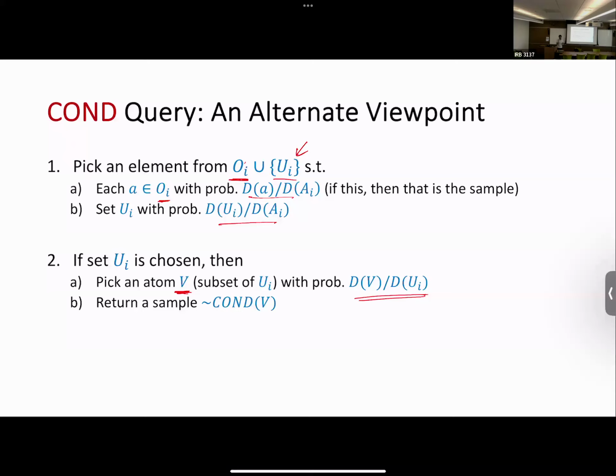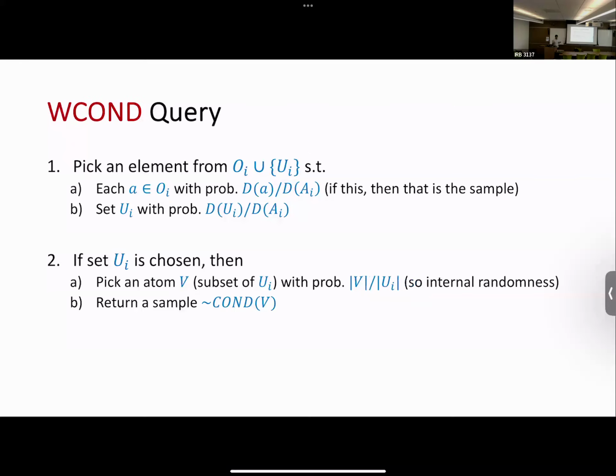This is dependent on the input distribution. In the weak COND model, we make it independent of the distribution. We just say that these are selected with probability size of P by size of P. It has nothing to do with the input distribution.